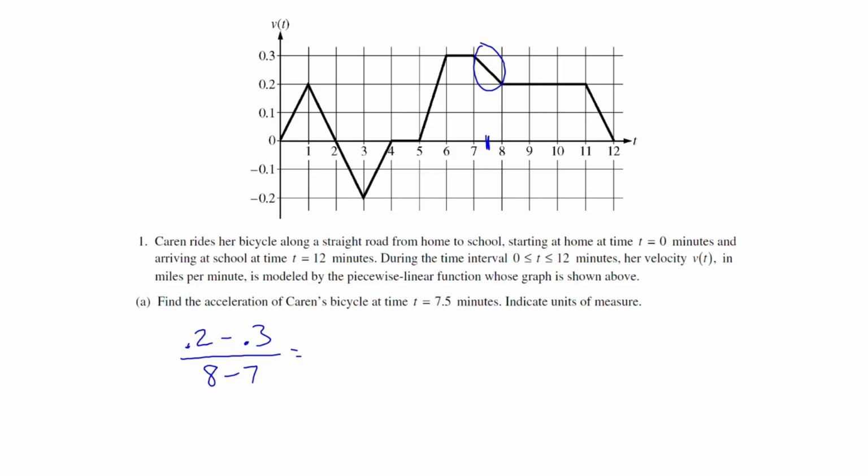Well, that's negative 0.1 over 1, so just negative 0.1. It asks for us to indicate units of measure. This was in miles and minutes, so this will be miles per minute squared. And we get 1 point for the value and 1 point for the units.